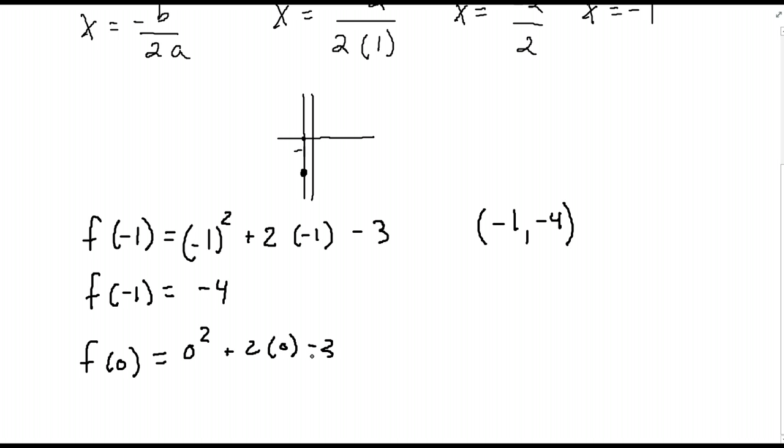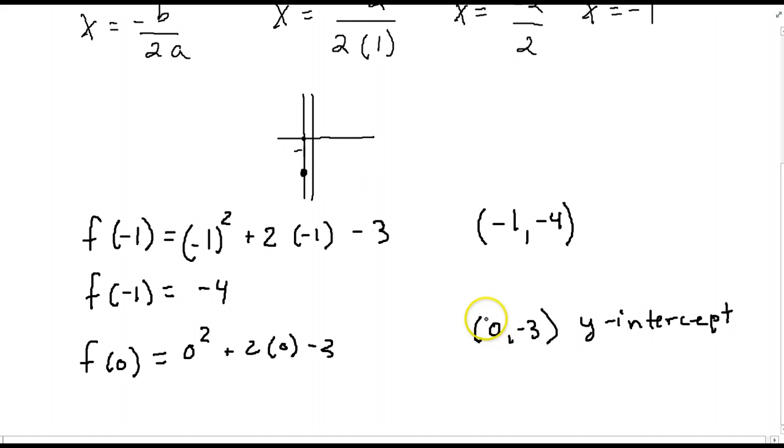So we now have a point at (0, -3), which is our y-intercept. Then we can plot that: 0 over, down to -3. So now we have 2 points on our graph: (-1, -4) and (0, -3).